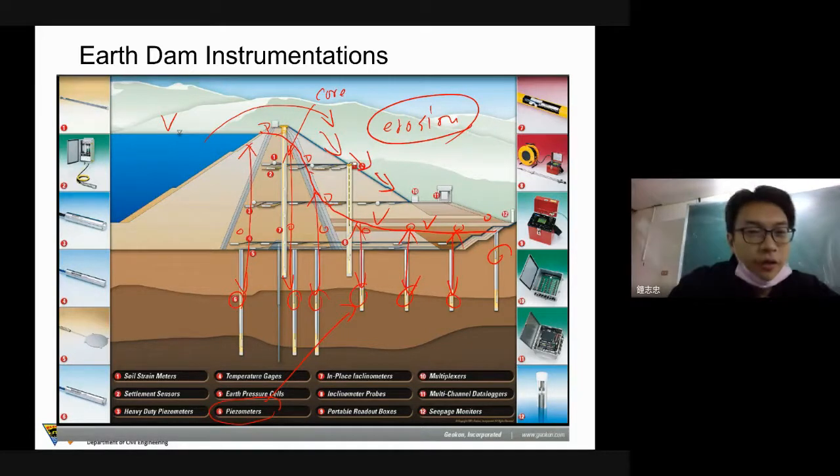So they will decrease the stability of this earth dam. Of course, sometimes we need to put a sensor to monitor the water level.